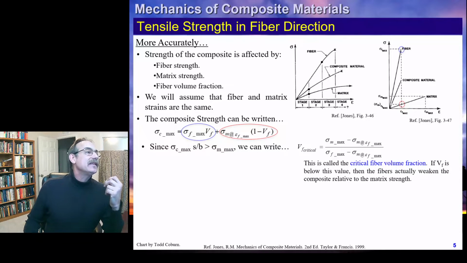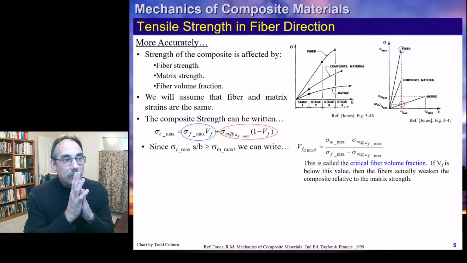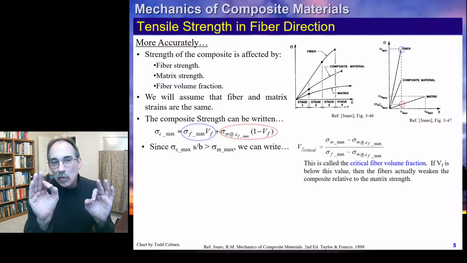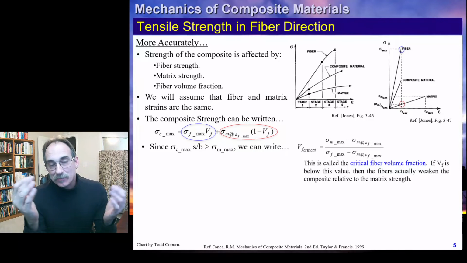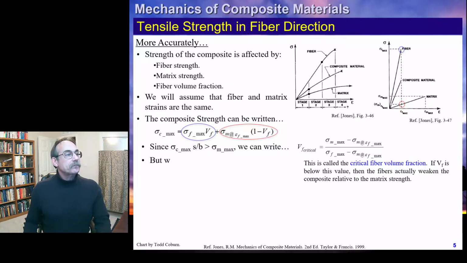And we can take this, equate that, plug in our composite strength equation into this equation and solve, and from this we get what's called the critical fiber volume fraction. If our fiber volume fraction is below that value, then adding fibers actually weakens the composite. That's really a dumb idea, so we need to stay away from that point.